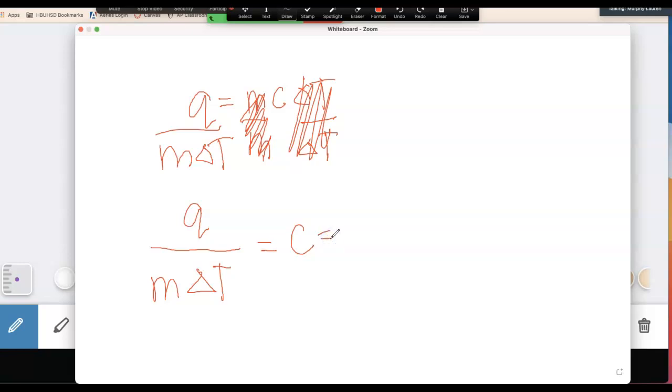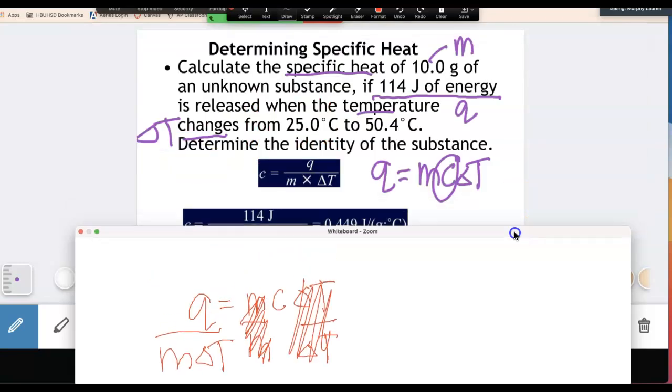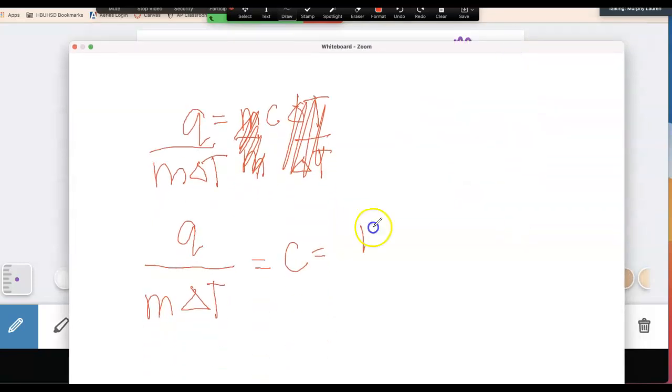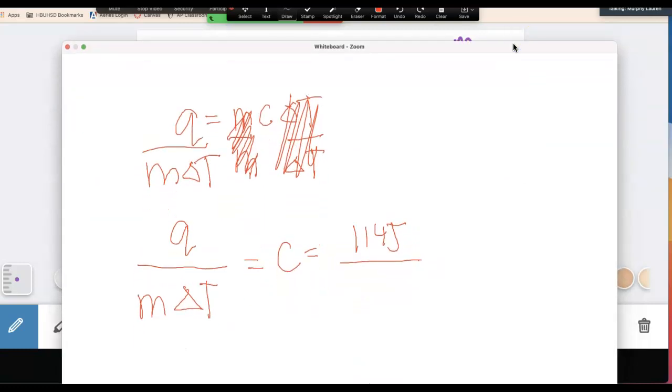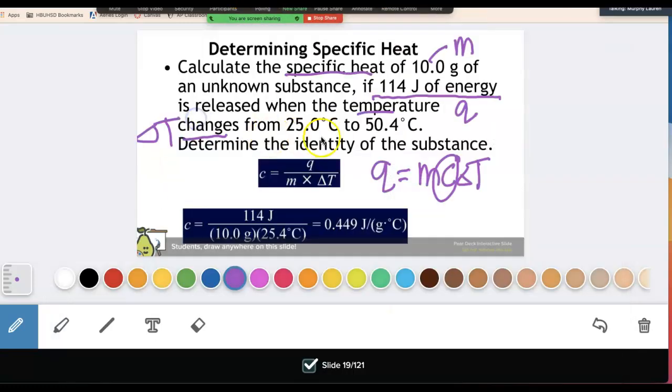So what's Q? Well, Q was 114 joules, so that goes on top, divided by, what was the mass? Mass was 10 grams. And then what is delta T? Again, this means final minus initial. If you look back in the problem, the final temperature was 50.4, while the initial temperature was 25.